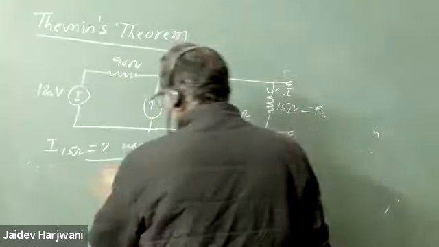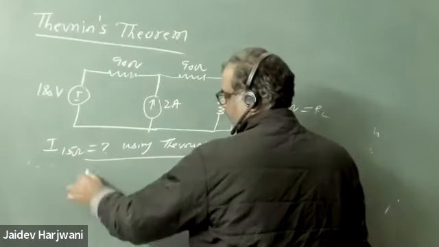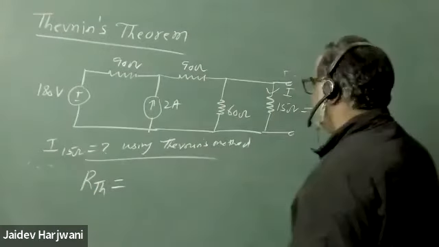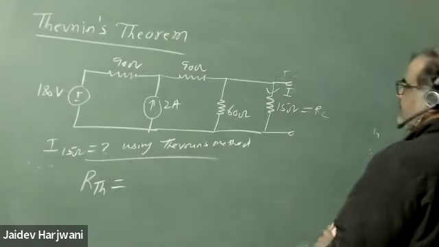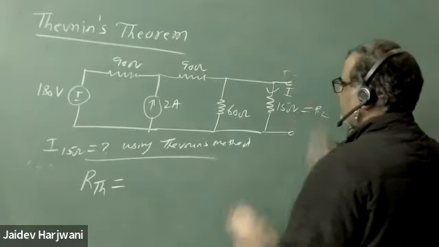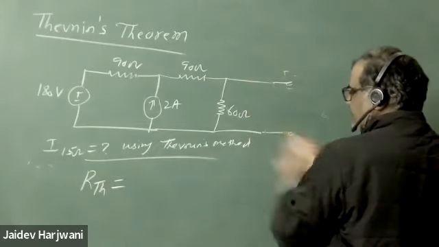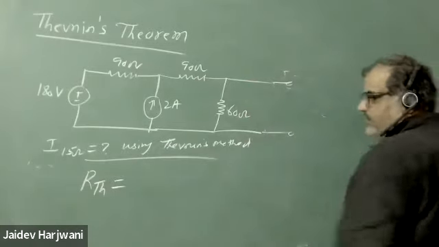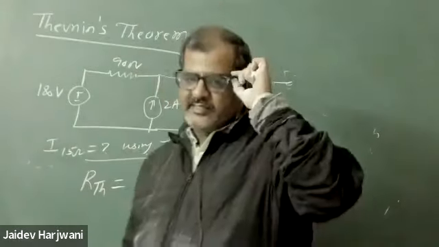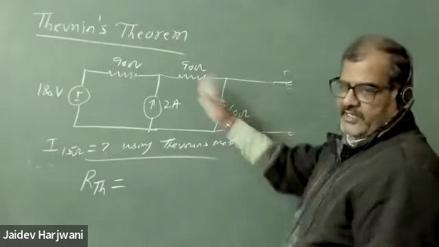In order to calculate RThevenin, I'm again repeating, you need to deactivate all the sources. Across this RL I want to measure, so the first thing is you have to open this RL. Across whichever element they ask, open the circuit there, remove RL, because that will not be part of our equivalent circuit. Now the remaining circuit we need to make an equivalent circuit.